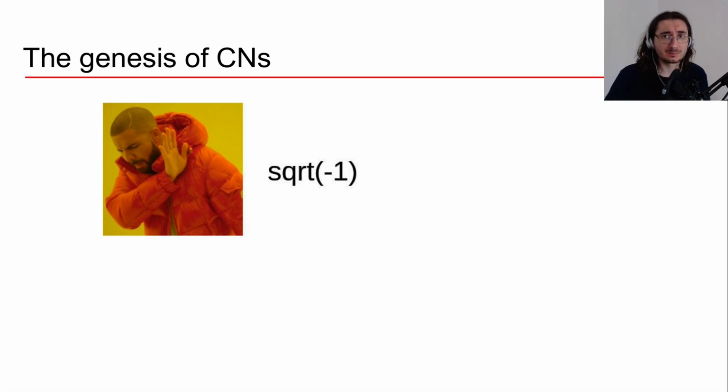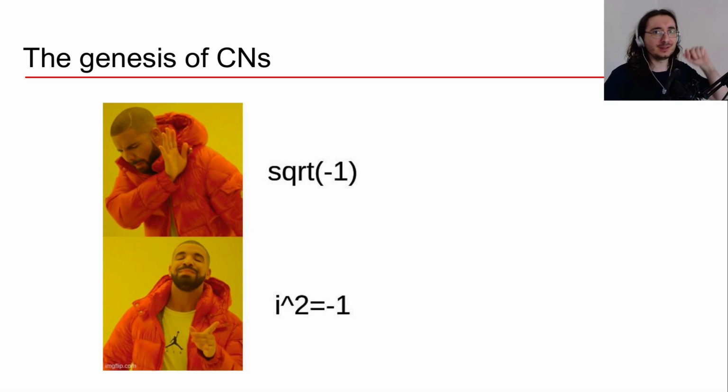Well, mathematicians are quite creative people, sometimes quite nuts, and they came up with something completely made up, and it was so made up that they called it the imaginary unit, the famous i symbol. And i has the wonderful property that when it is squared, it is equal to -1.